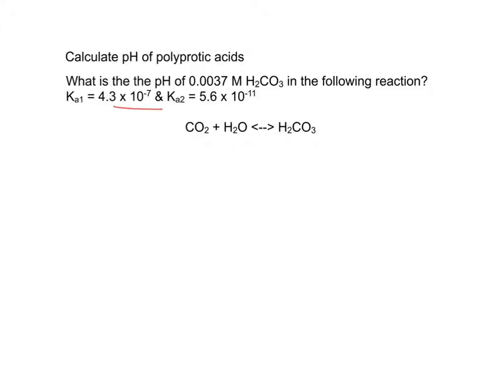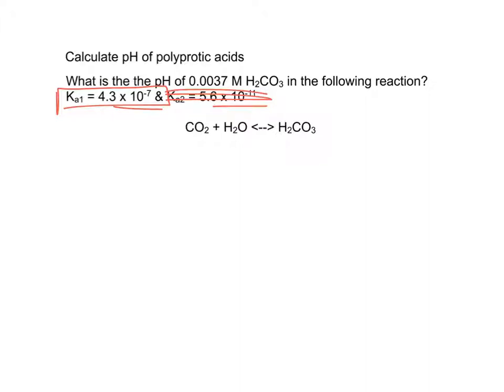And in this case, the first and second Kas differ by more than 10 to the third. So we can essentially say that the second is so small that it's negligible. And really, if we're going to do any calculations involving this polyprotic acid, we'll just simply use the first one as the only one, which really simplifies things a lot.